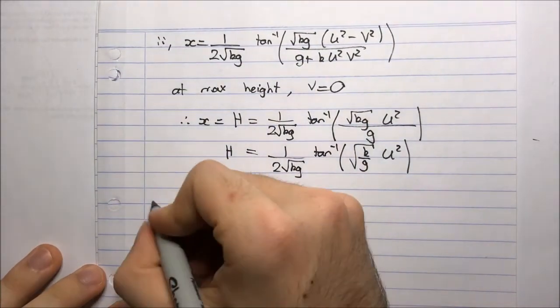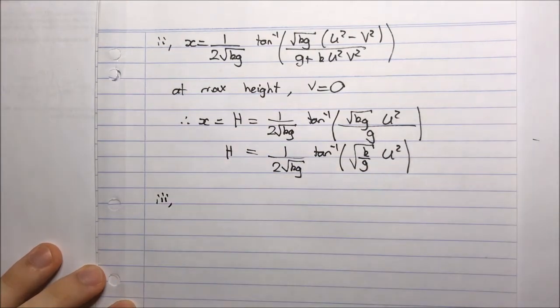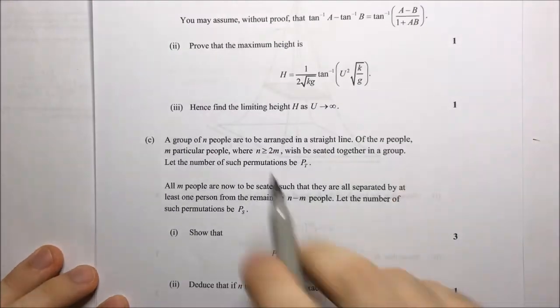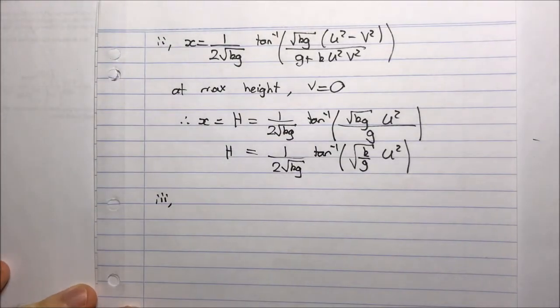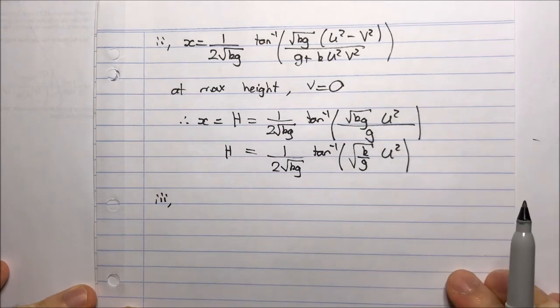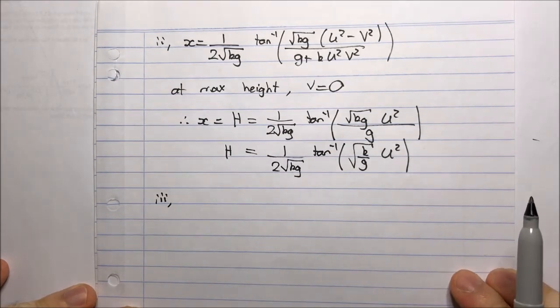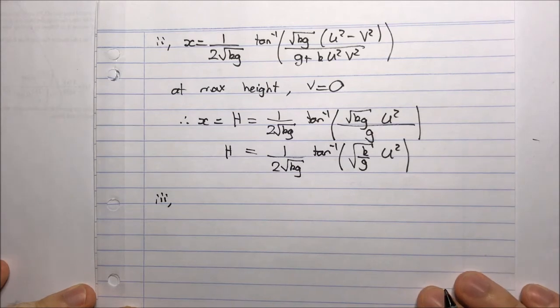And the final part asks us to find the limiting height as capital U goes to infinity. So as we increase our initial velocity indefinitely, what is the limiting maximum height?